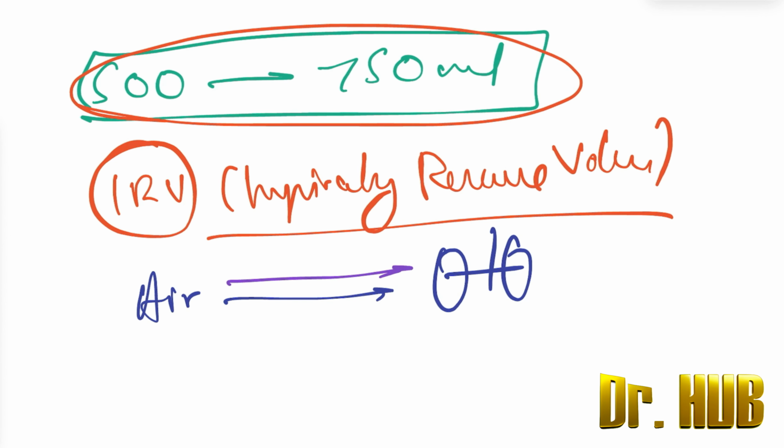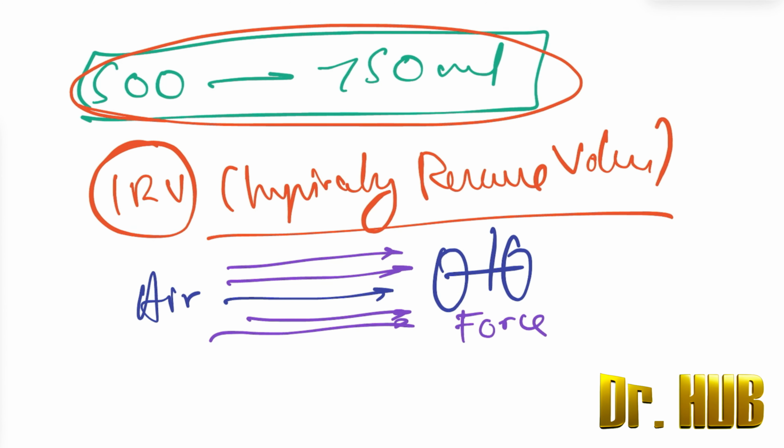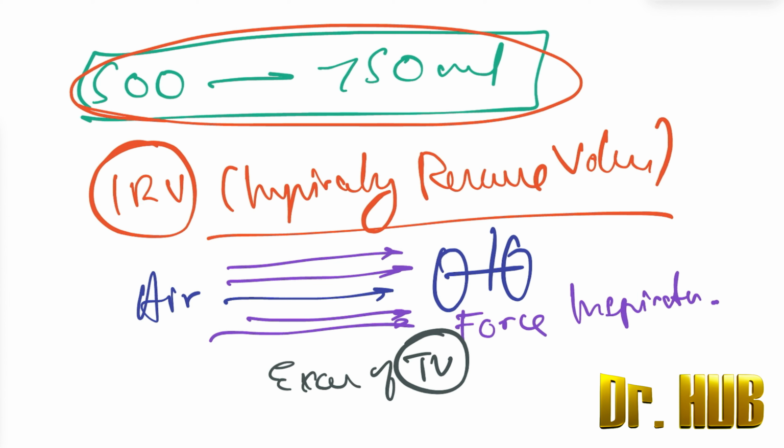So you do a lot of force, and this is the maximum amount of air which can be drawn, the amount of air inspired with the maximal inspiratory effort in excess of the TV. This is the IRV, and it can go up to 3 liters.